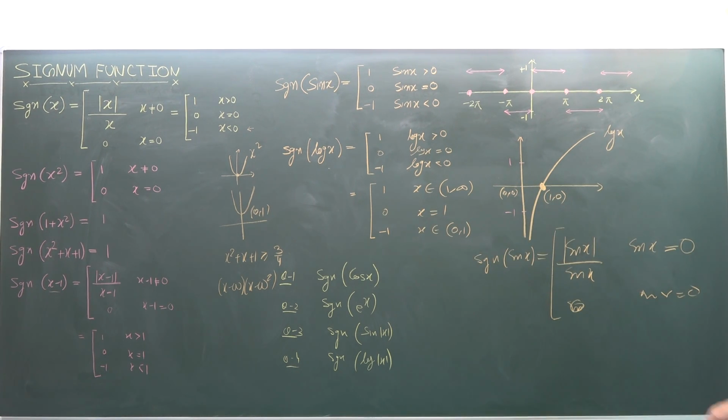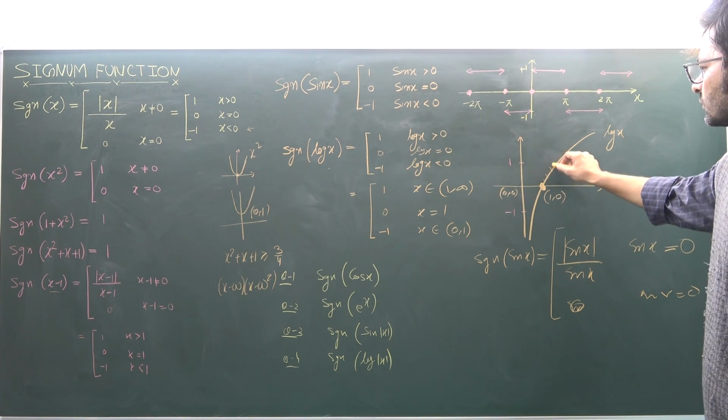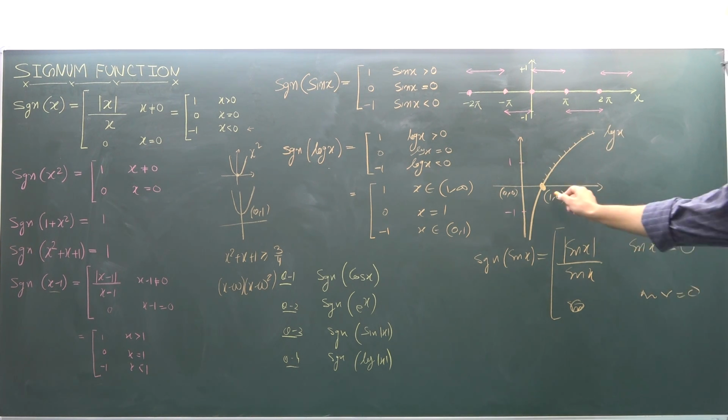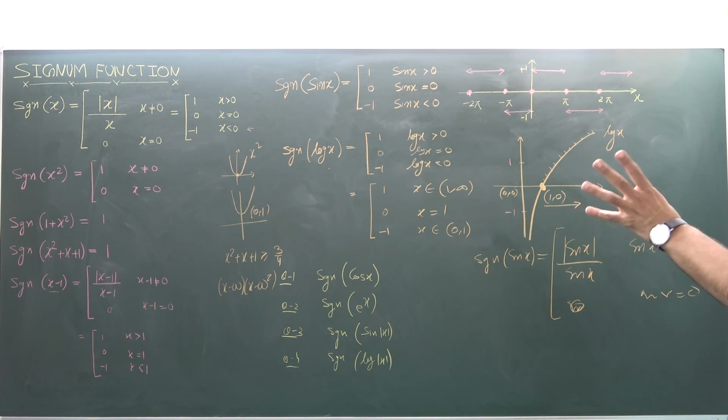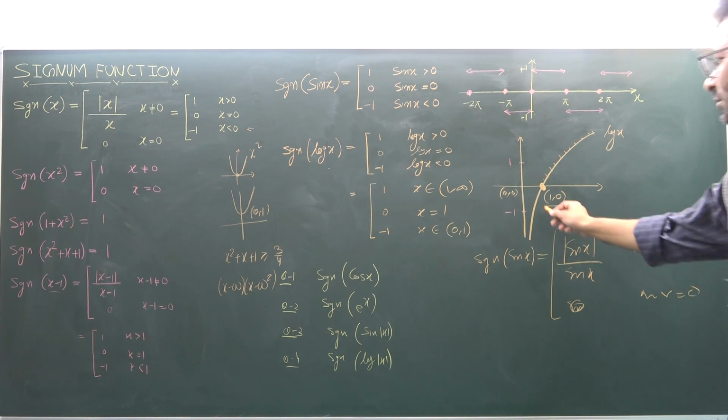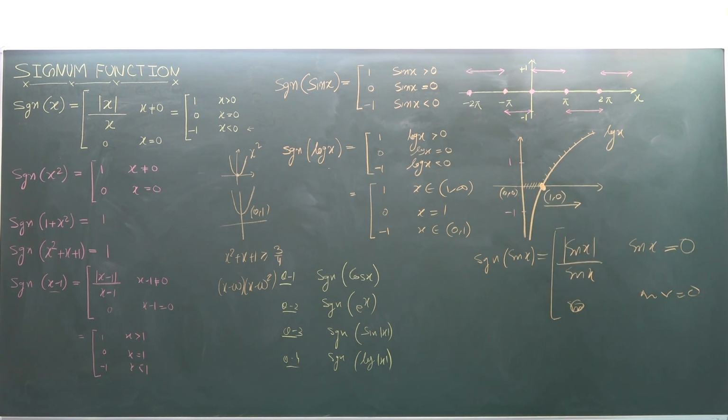When x is greater than 1, log x is positive, so Signum of log x returns 1, and between 0 and 1, log x is negative, which means minus 1. So if you want to draw the graph of Signum of log x, it is 1 beyond 1, minus 1 between 0 and 1, and 0 is excluded.